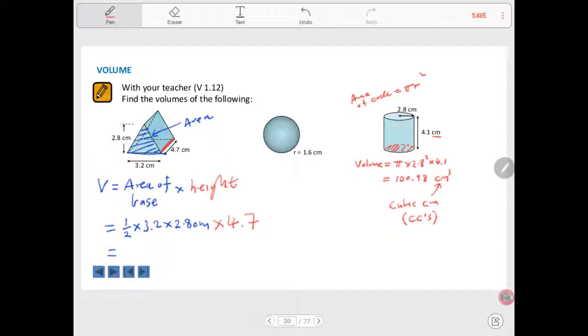So just to reiterate, the area of the triangle is this bit in blue on the left: a half times the base length of the triangle times the height of the triangle. That gives us the area of the base of the prism, and we multiply that by the height of the prism. And what does that give us? Well, you might want to try this one on the calculator. I'm doing it now.